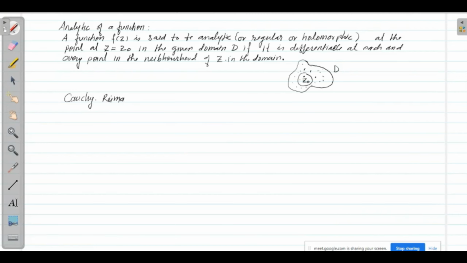Cauchy-Riemann equation in Cartesian coordinates.